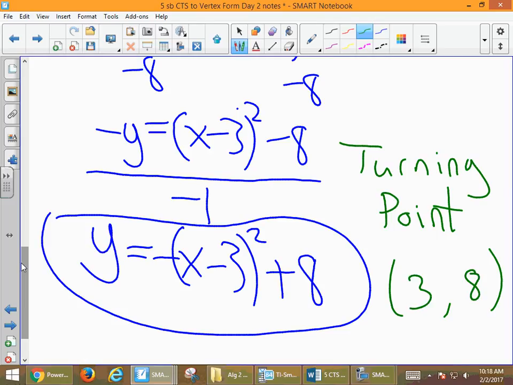So if we remember, just like on the last one, we look at our h, which is right here in our vertex form, and we take the opposite sign of that h. So it's a -3, so we're going to have a +3 for our turning point. And then we take our k, which is at the end of the vertex form, and we keep the same sign because it's plus k, so we have 3, 8 as our turning point.